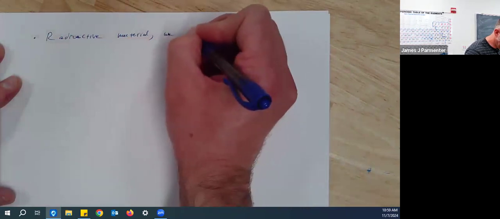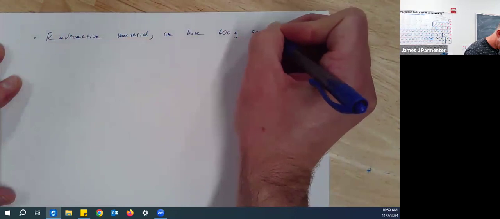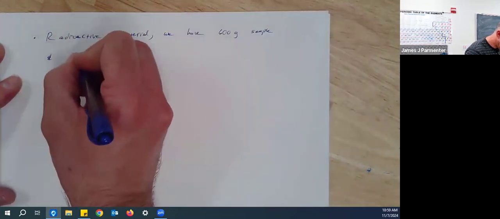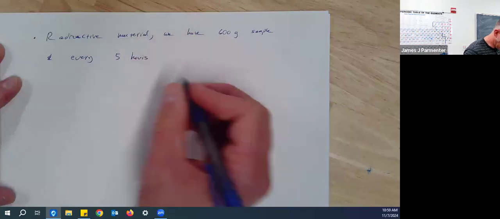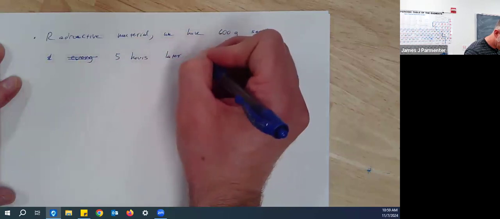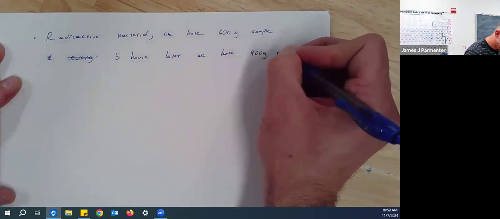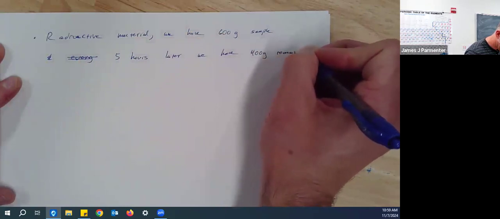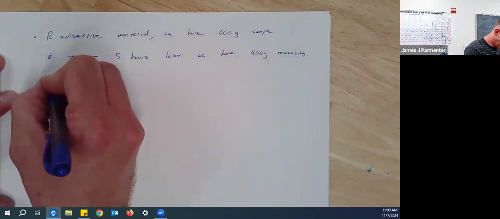We have a 600 gram sample, and 5 hours later, we have 400 grams remaining. How much will we have in 15 hours?